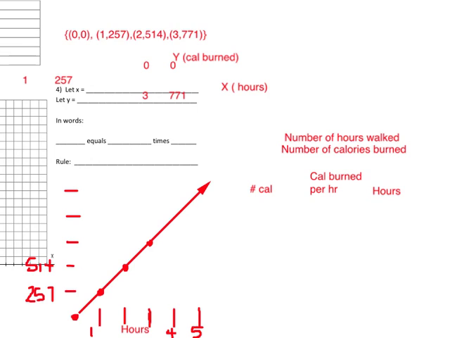And in words, we would figure out the number of calories that are burned by multiplying the calories burned per hour times the number of hours. So in words, the number of calories burned equals the calories burned per hour times hours. Now we're ready to write the rule in a mathematical equation.